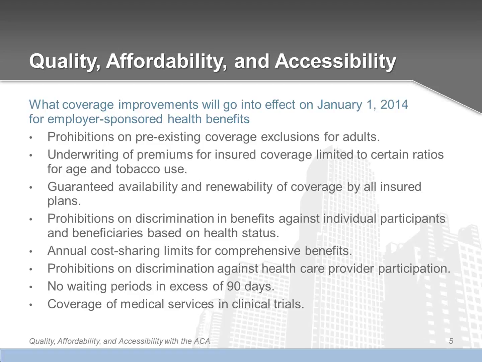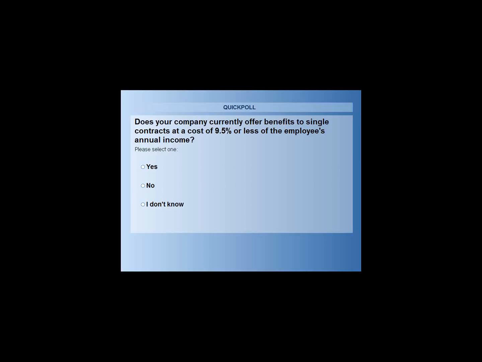Does your company currently offer benefits to single people, single contracts at a cost of 9.5% or less of the employee's annual income? 9.5% is the magic number because the Affordable Care Act, the word affordable means that the plan cannot cost more than 9.5% of an individual's annual income.